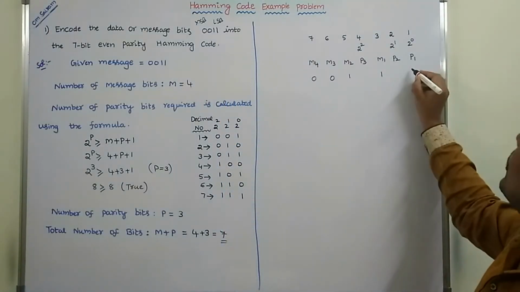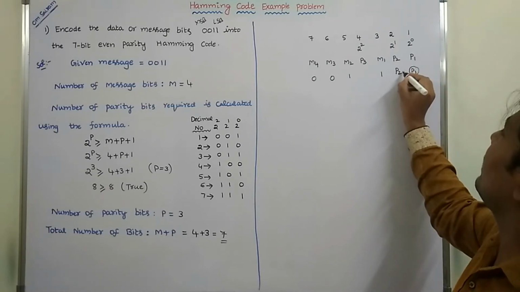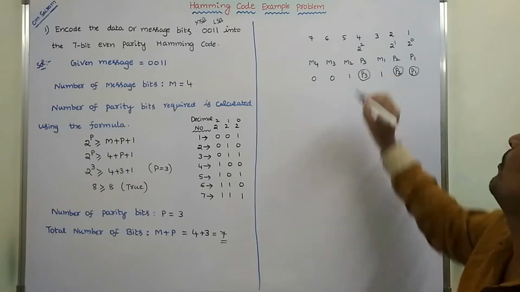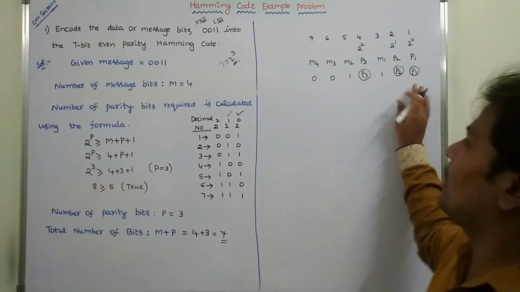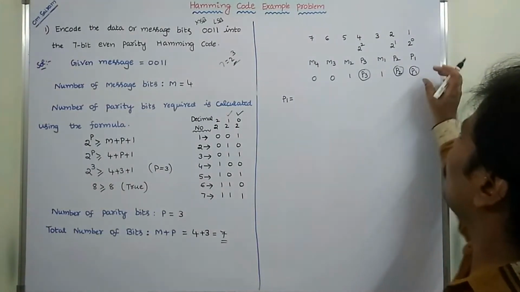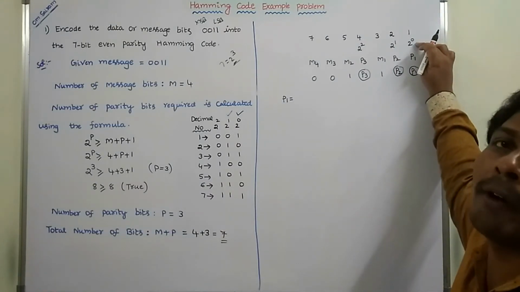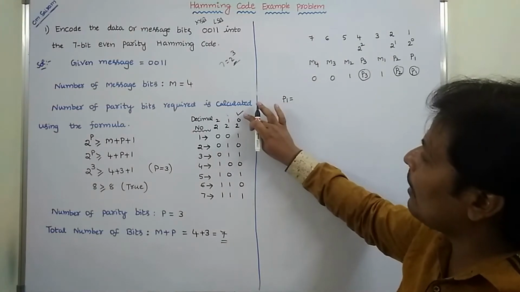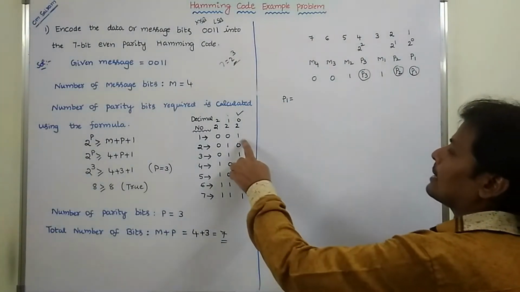Now we have to calculate the parity bit values P1, P2 and P3. Okay, now P1. Now calculating the parity bit value. So we have to calculate the parity bit value P1 at 2 power 0. So now we have to consider the 2 power 0 column, where the 1 is there.